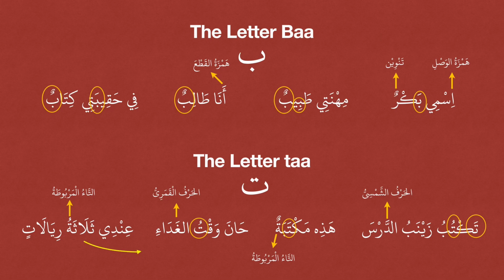If we compare it with the sentence where the whole sentence ended on ta al-marbuta and there was nothing after it, I pronounced it as ha. But here in this case, I would pronounce it as ta.